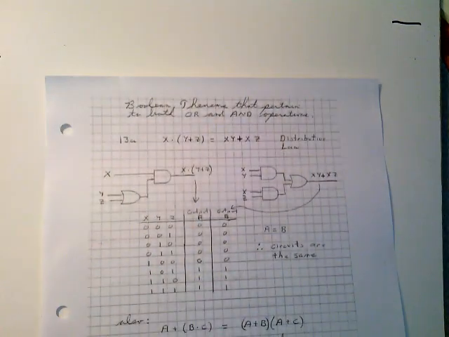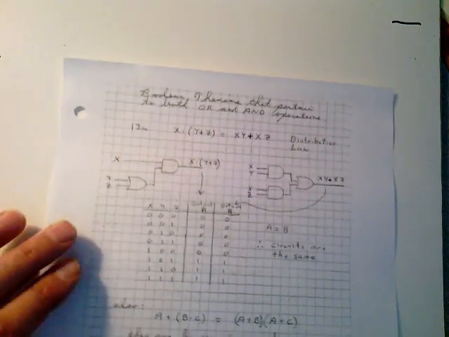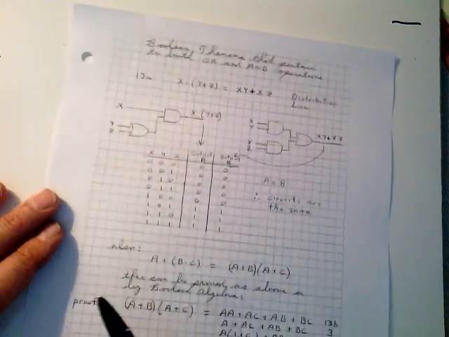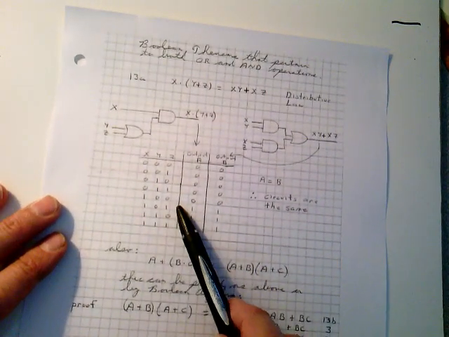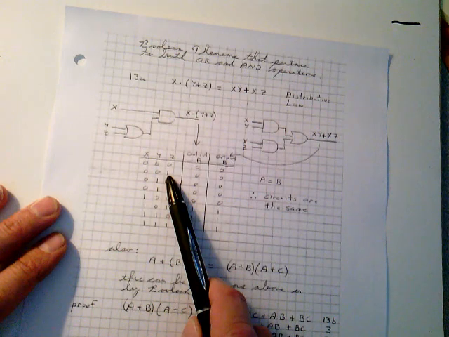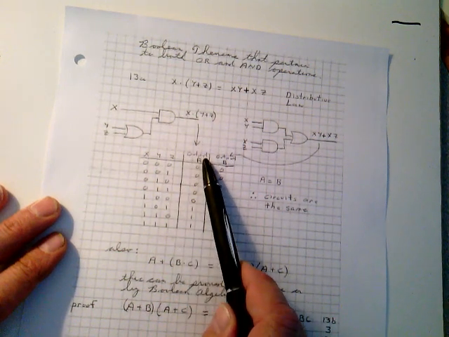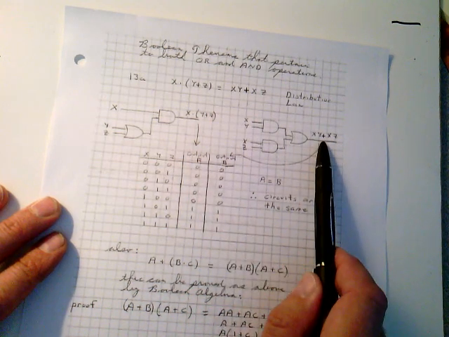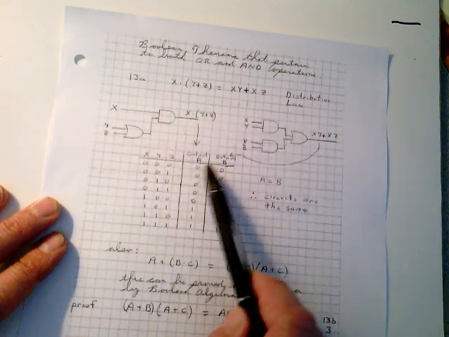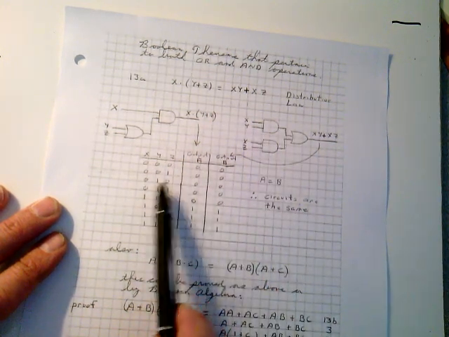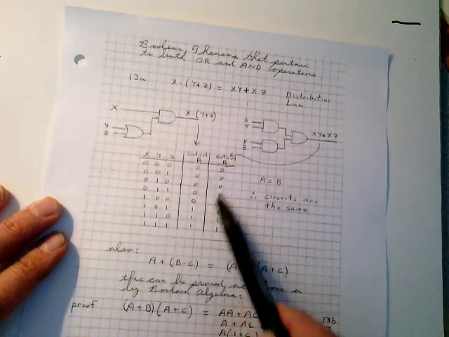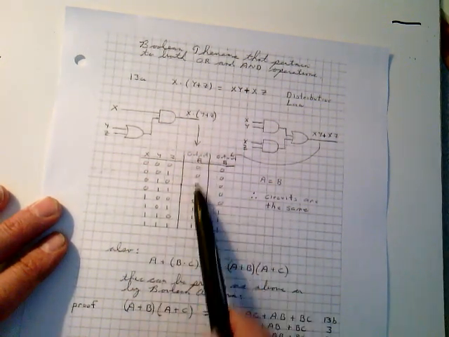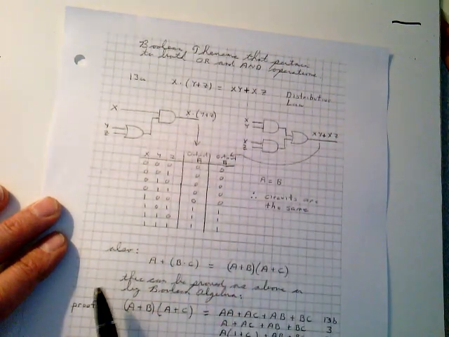Keep in mind that Boolean algebra is very important to reduce the logic and get those benefits out of it. Notice the truth table here for the output A, and the truth table here. You put in your ones and zeros and go through the different states, and you get identical outputs. When the truth tables are identical, the circuits are identical.